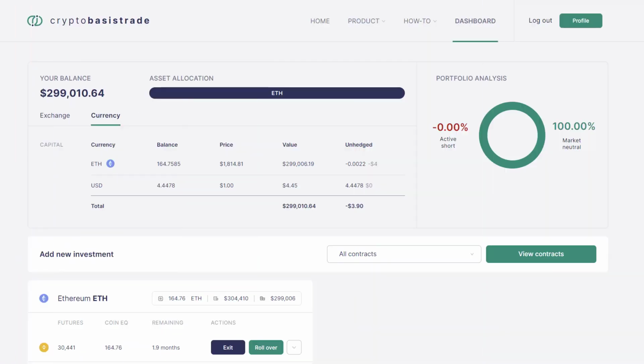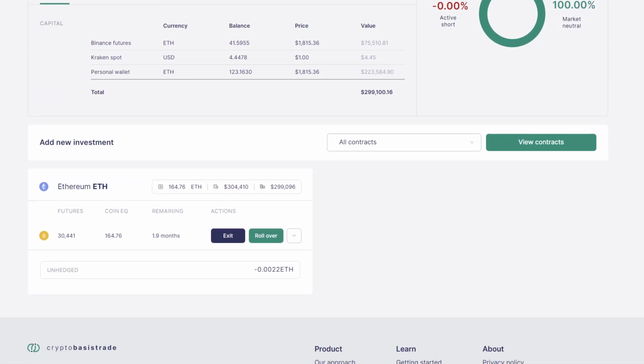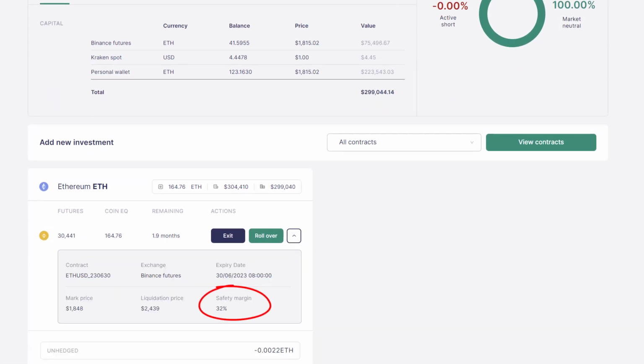Let's have a look at our portfolio by exchange. For security reasons, we moved 123 Ether from Kraken exchange to our personal wallet. However, we had to keep about 41.6 Ether in our Binance futures account as collateral for our short futures position there. Currently, this gives us a safety margin of 32%.